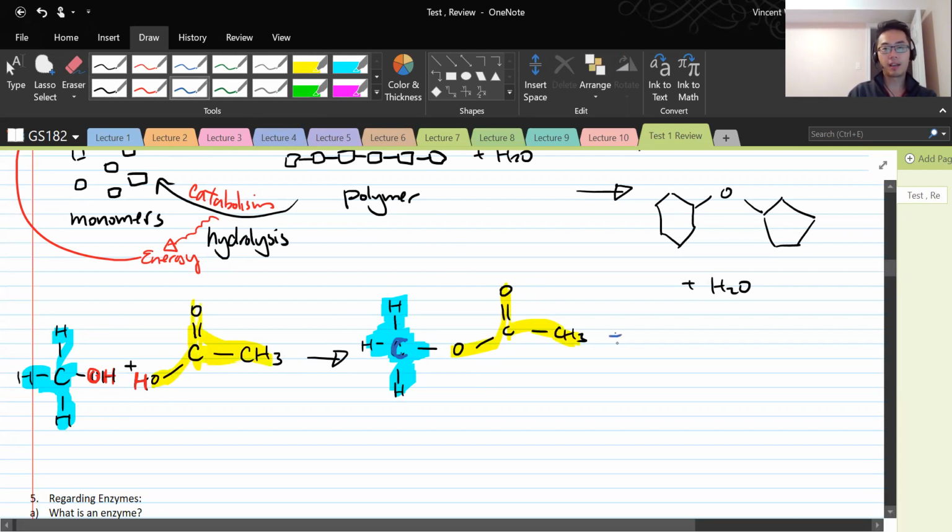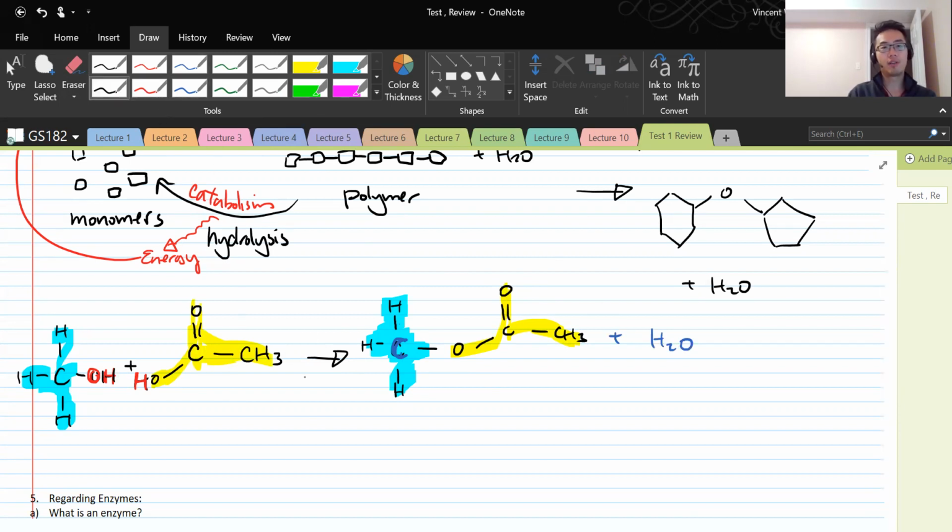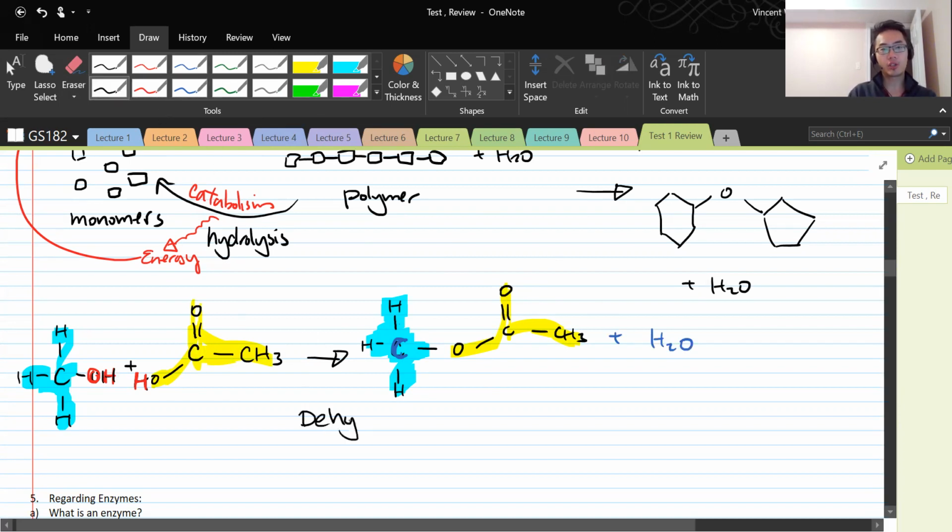And of course, we're going to have plus H2O. So this is an example of a dehydration synthesis. You're removing a water molecule. That's why it's called dehydration.